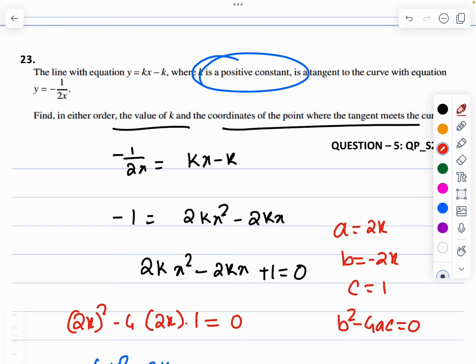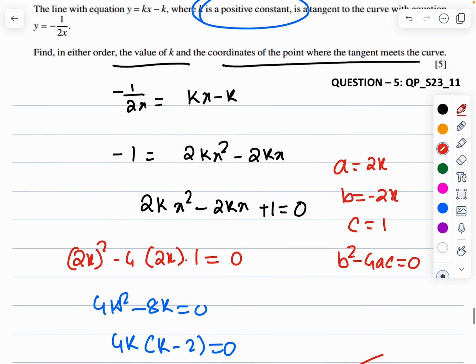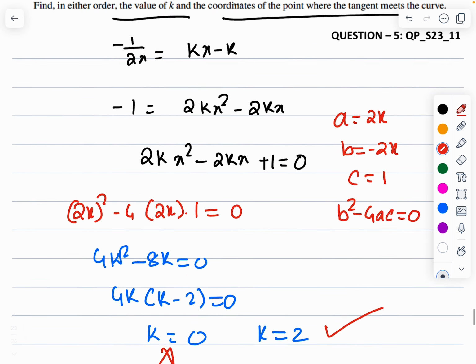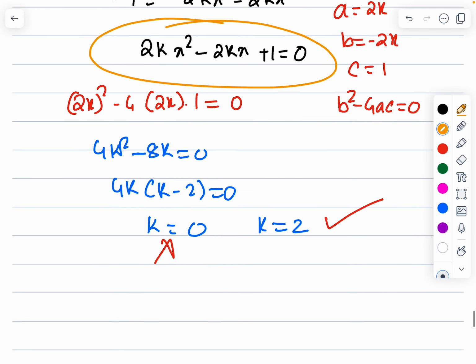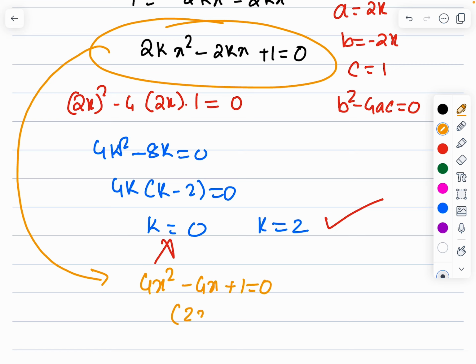Then the coordinates of the point where the tangent meets the curve. Now k equals 2. So I am going to take out this quadratic equation and plug in k equals 2. It becomes 4x squared minus 4x plus 1 equals 0. Upon factorization, 2x minus 1 times 2x minus 1 equals 0.